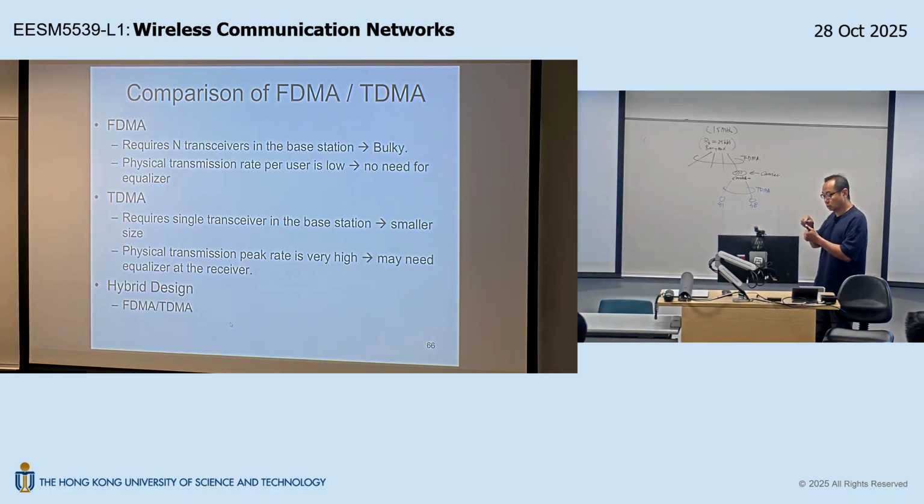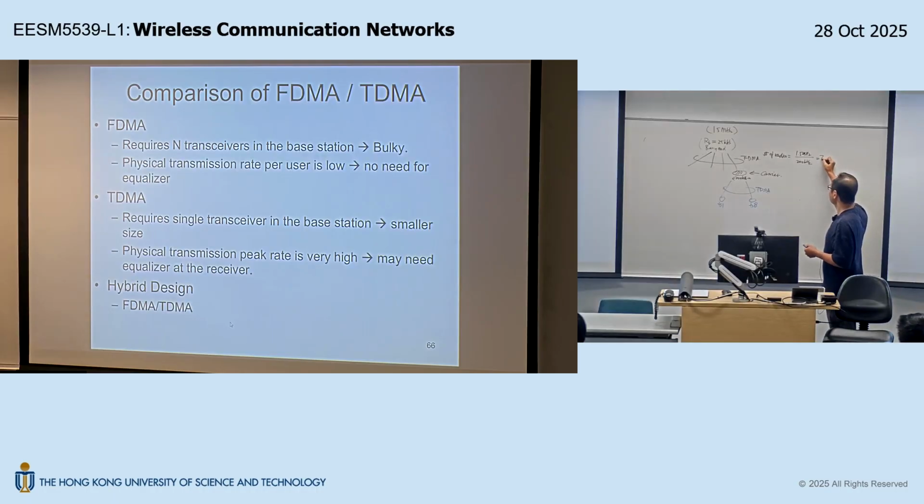So if you count the total number, with 15 megahertz of spectrum, you partition into 200 kilohertz carriers, how many carriers do you have? How many radios do you need for the FDMA to fully equip? So the number of radios would be 15 megahertz divided by 200 kilohertz, right?